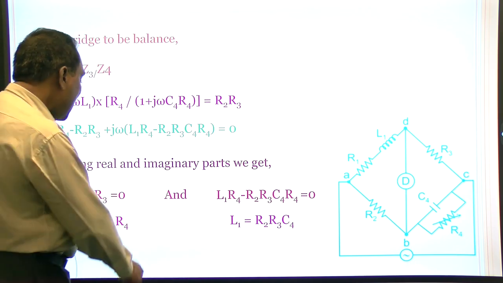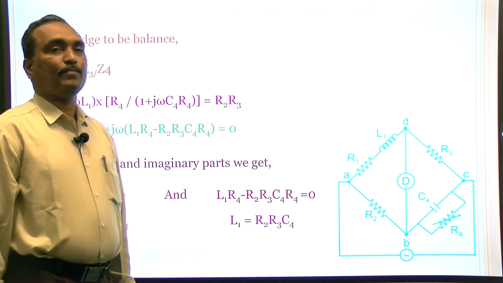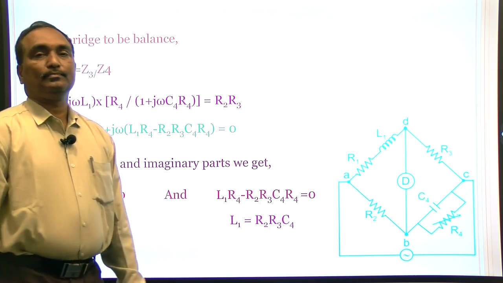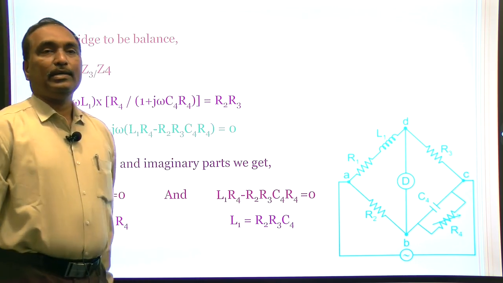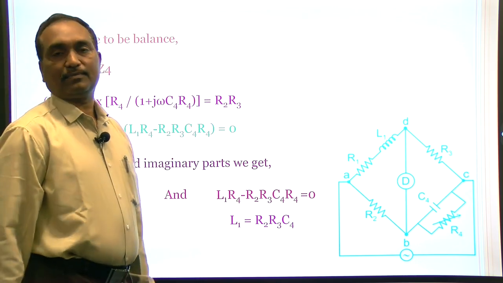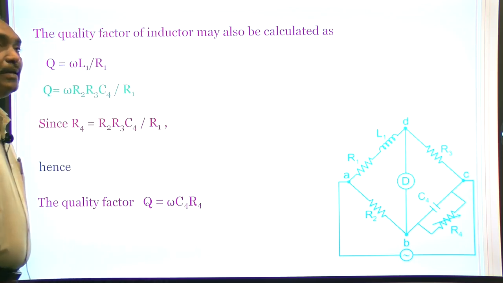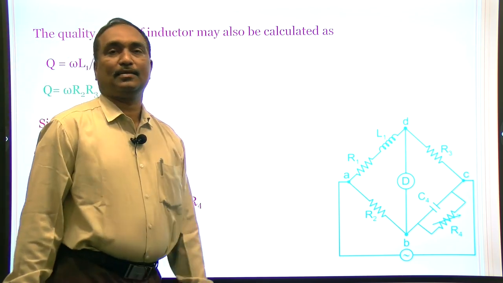When we compare this with the previous bridge, the Hay bridge, there is no frequency term in this equation. So, the inductance L1 is independent of frequency, and accurate values can be determined easily by using this Maxwell bridge.